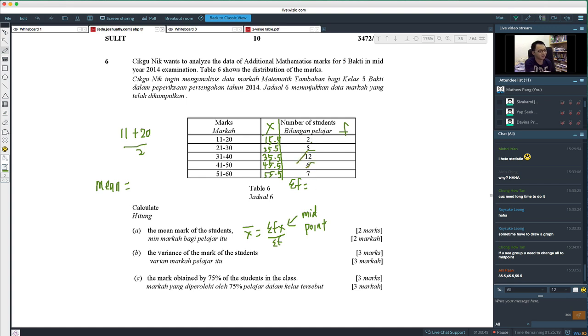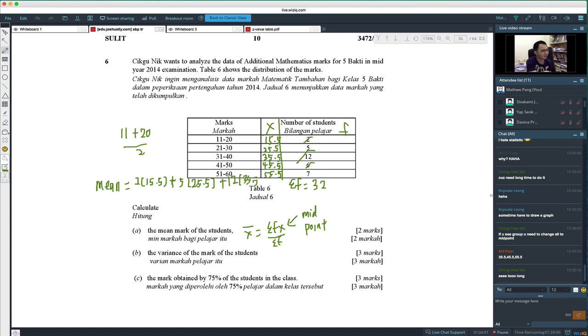Alright, total frequency is 32. So my mean will be 2 multiplied by 15.5 plus 5 multiplied by 25.5 plus 12 multiplied by 35.5. You continue to do this until the end, divided by 32. Then you should be able to get the correct answer.